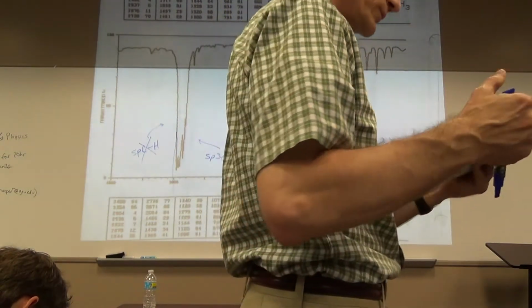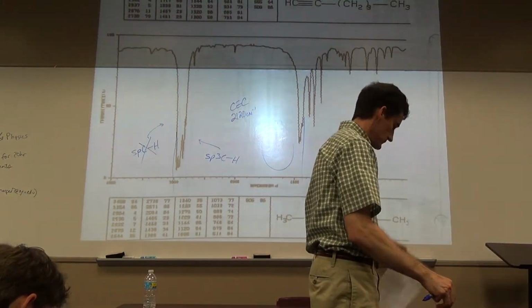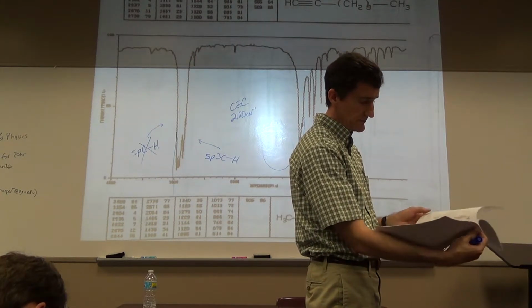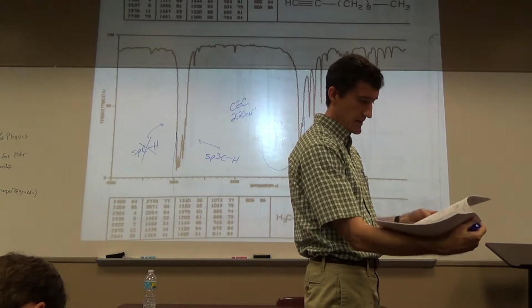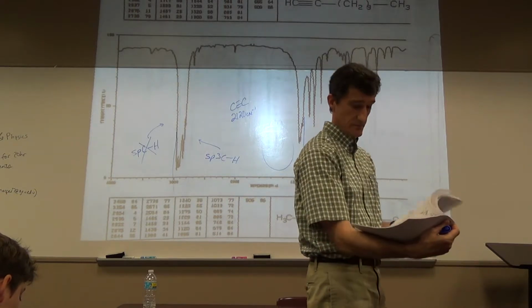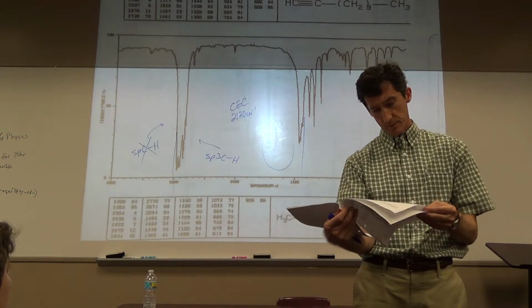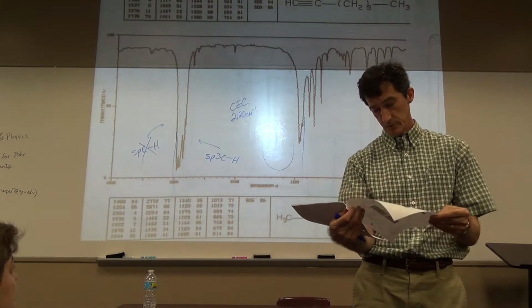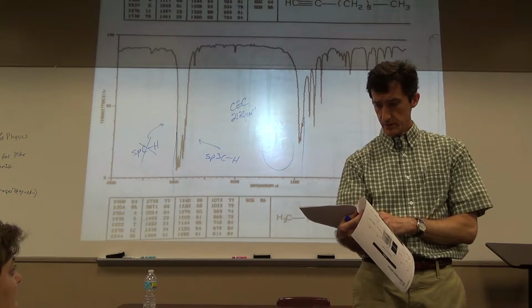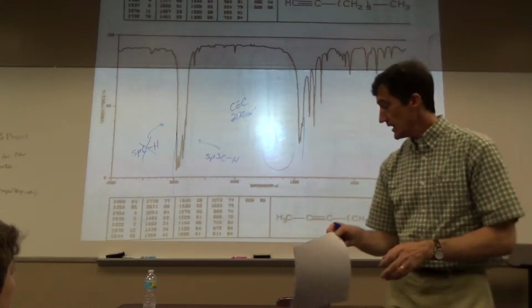There's not one for 21 something? 2054 is the next one. Wow, that's awfully low. I didn't realize it was below 21. Makes me wonder if that is indeed the peak. Yesterday we said the CC triple bond, the table says 2250 often and lower. I wish I had a book with lots more tables. Well, we say that's it.